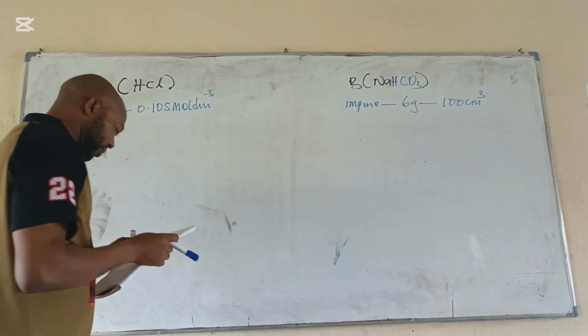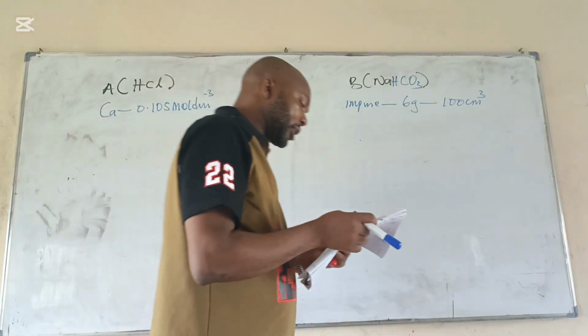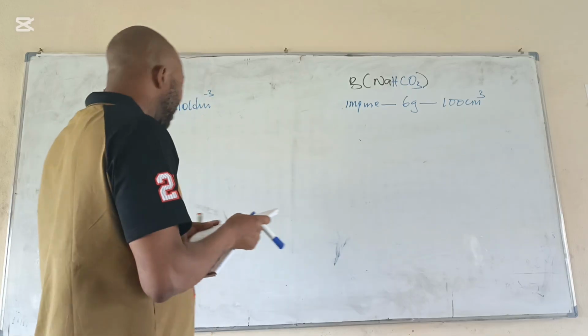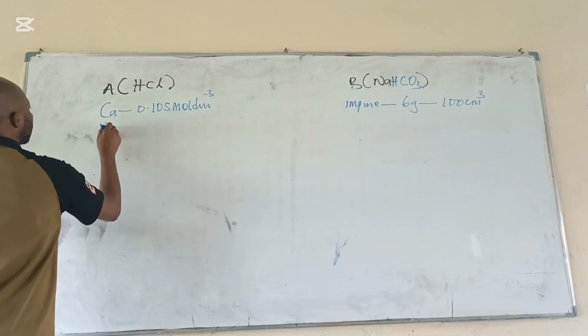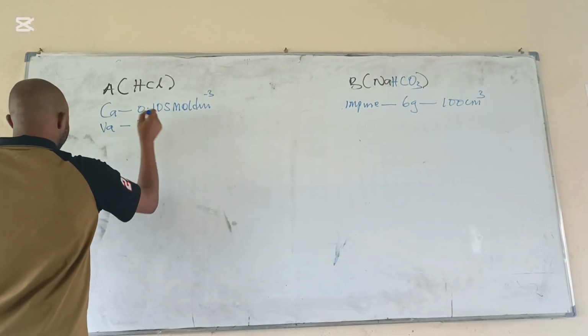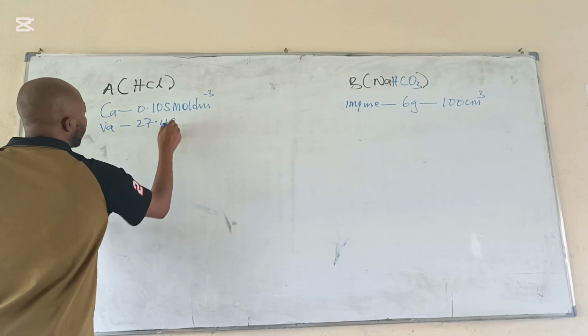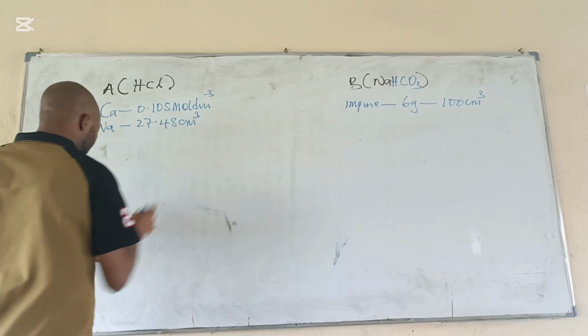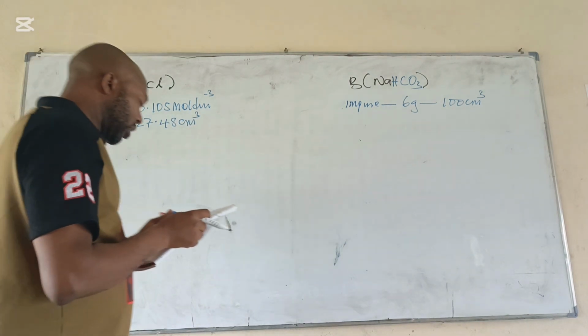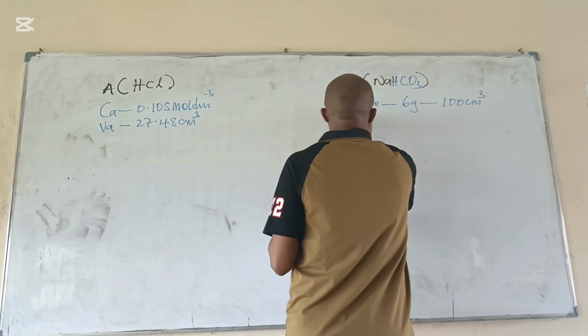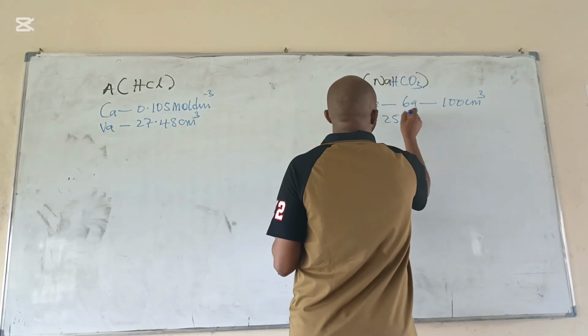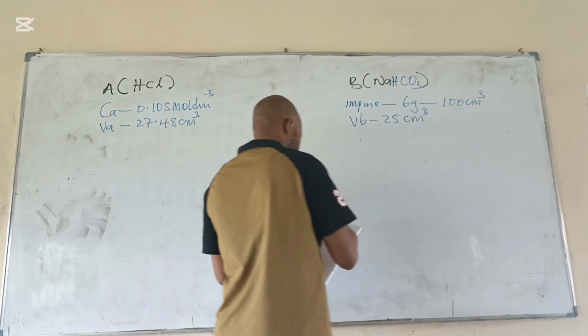In the titration, the volume of the acid is 27.48 cm cube of A. Neutralized completely 25 of B. Volume of the base is 25 cm cube.